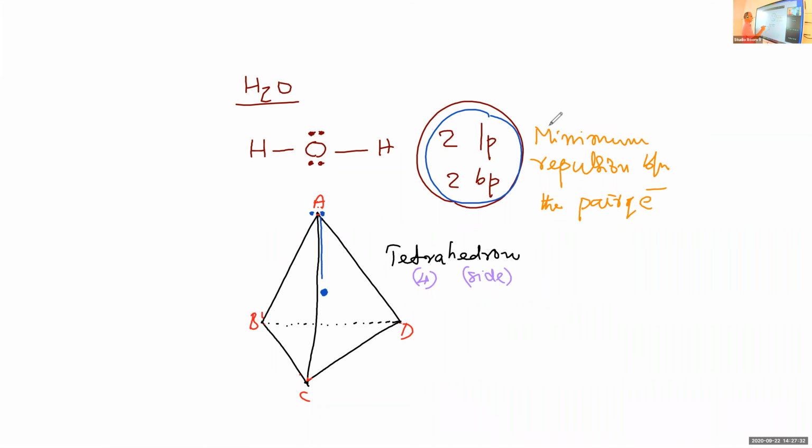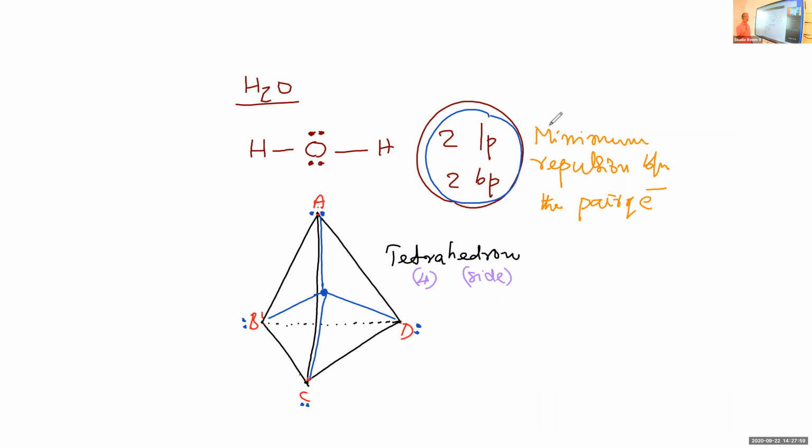Second pair, say it is here. Then the third electron pair, say here. And the fourth electron pair here. So this is the distribution of the 4 electron pairs.